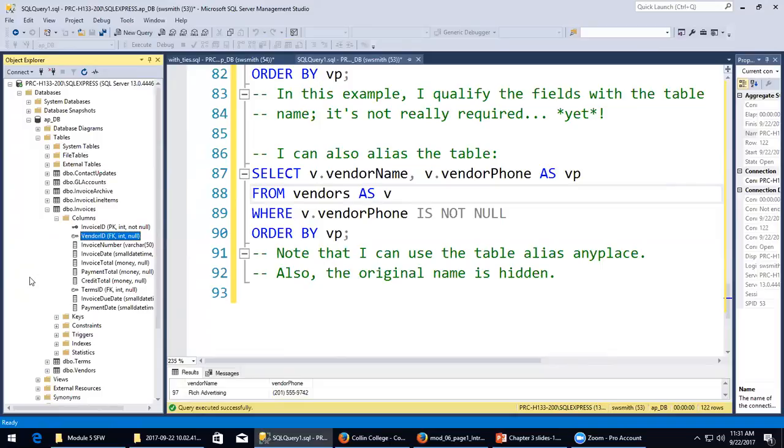What is the where? Invoices.vendor_id is equal to vendors.vendor_id, and I personally would alias those as V and I. Questions?